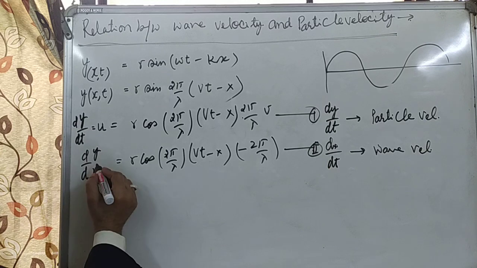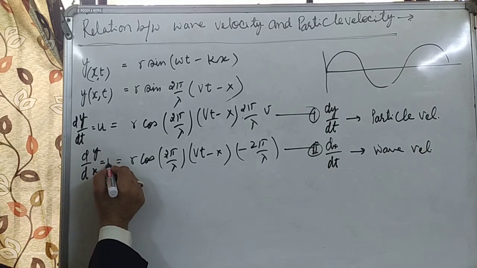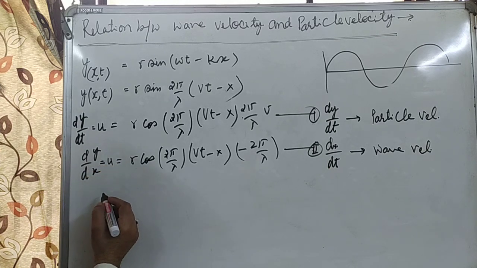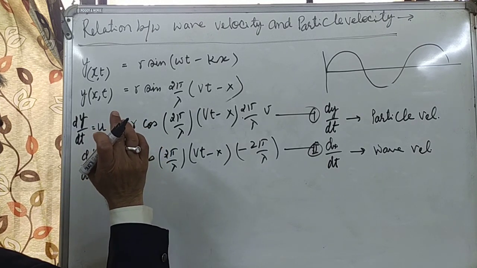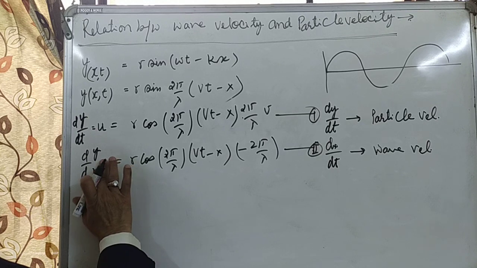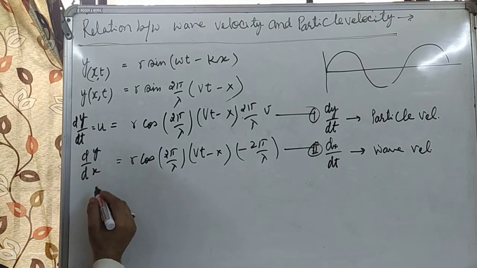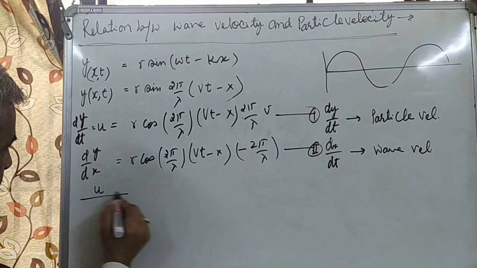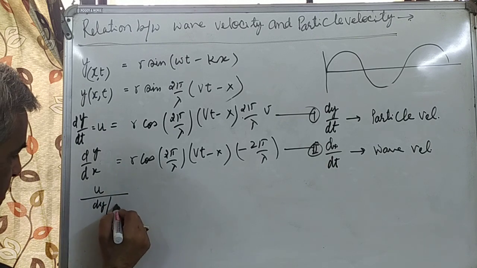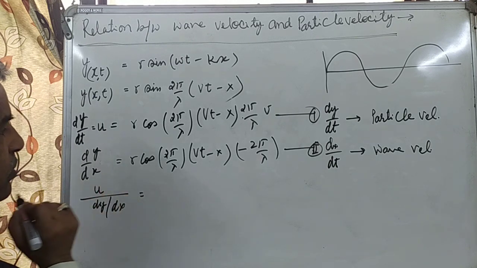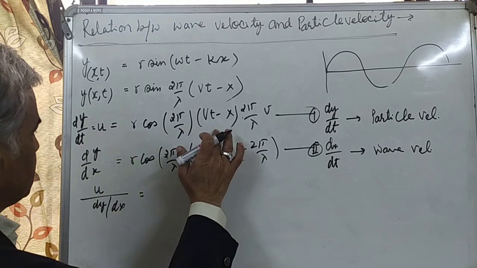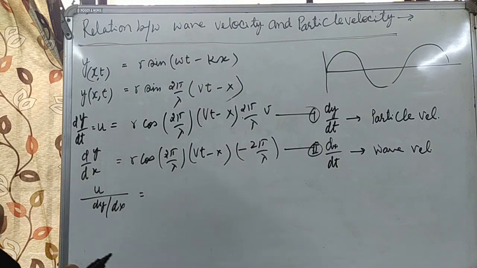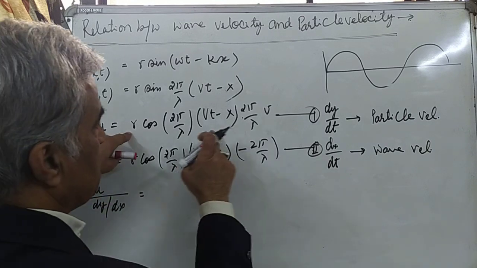On division, this I am representing as u. Sorry, this is not u, it is this. So in this, u upon dy by dx equal r cos, this term is cancelled.